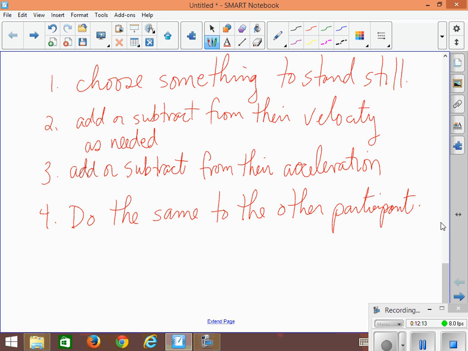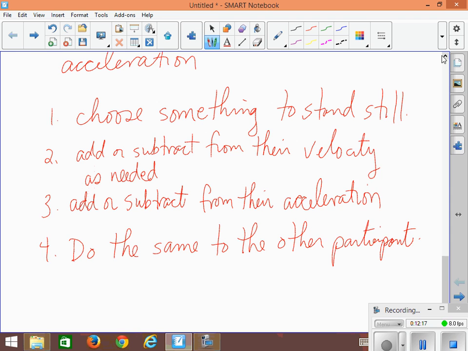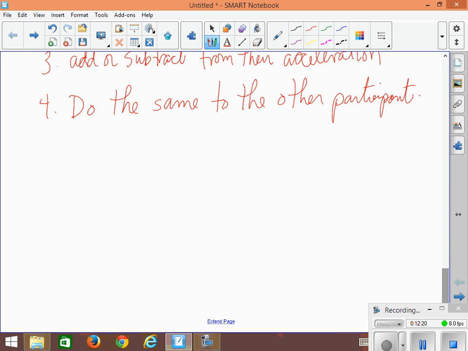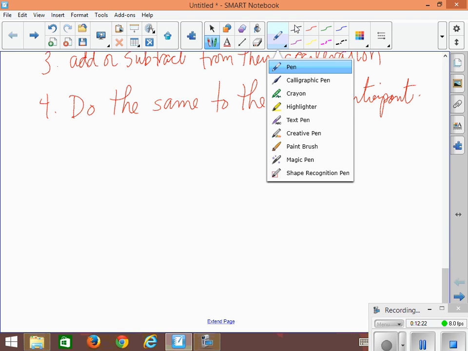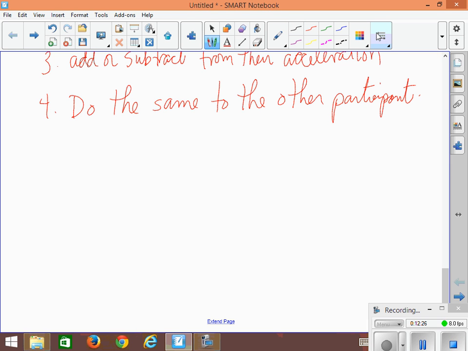So if we were doing one with an acceleration, we'll just do it very quickly. I'll show you how fast you can actually do it. Let's just take our original scenario, and let's take person A, and let's keep him at 4 meters per second.